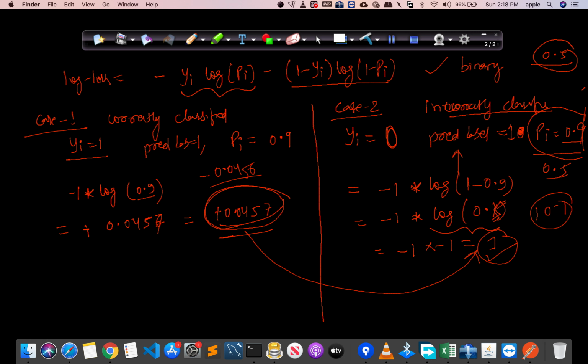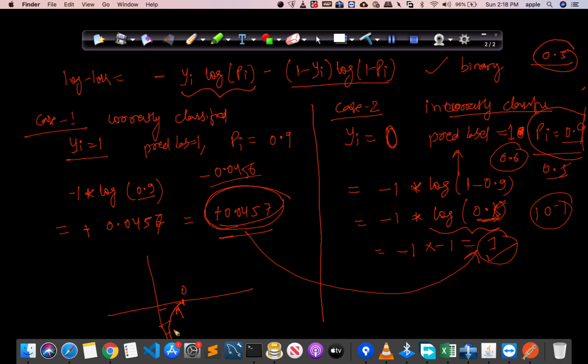So even if this probability is lowered, suppose from 0.9 we have 0.6 probability, then also this value will be very large compared to this particular thing, because we know that at 1 log is 0, and after that it drops sharply. So if the value is here, we have this value. If the value is here, we have this value.